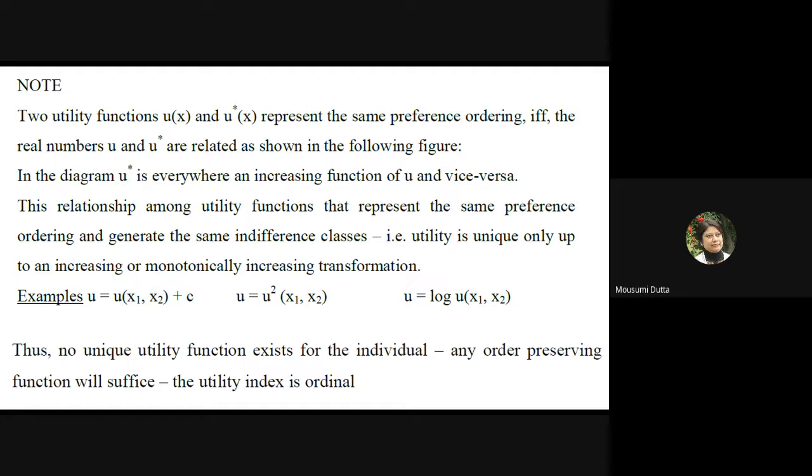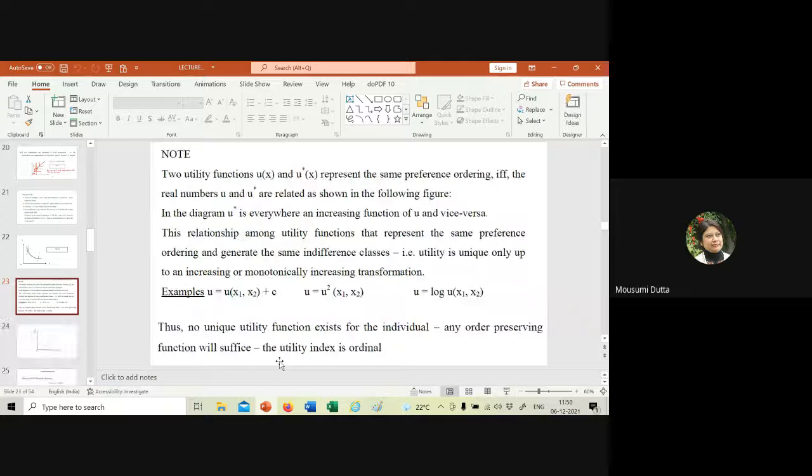So if I consider this kind of transformation of the utility functions, they are basically the same, indicating the same indifference map in the commodity space. All the equations indicate a similar type of indifference map, the same ordering between the two commodities x1 and x2. So here we need to understand the idea very well.